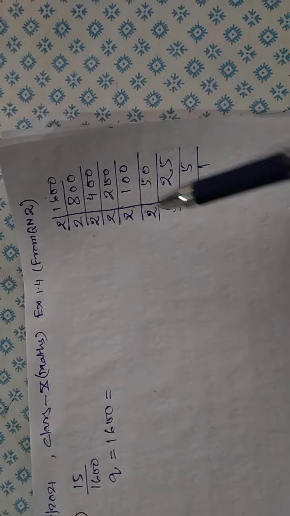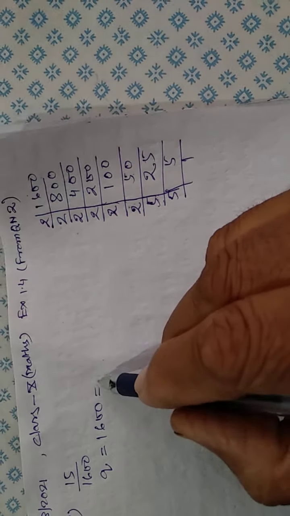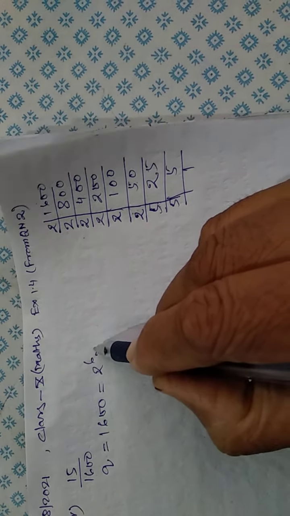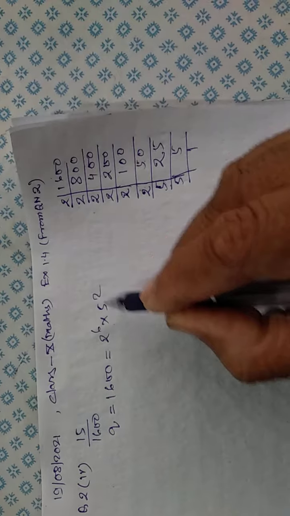Now 2 is present 6 times, 1, 2, 3, 4, 5, 6. That is, you can write 2 power 6. 5 is present 2 times, so you can write 5 square.